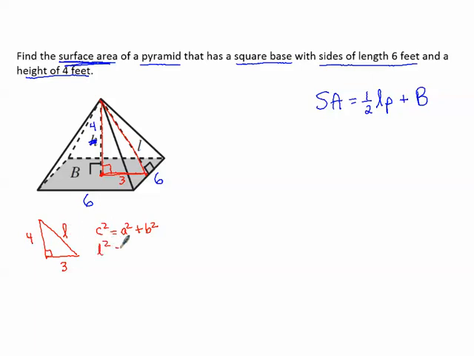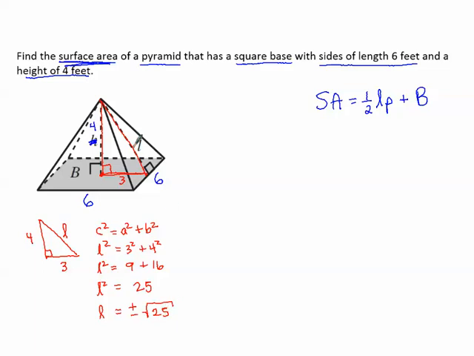So L squared equals 3 squared plus 4 squared. We're adding these, so it doesn't really matter if we say 4 squared plus 3 squared or this way. Therefore, L squared is 9 plus 16, which makes L squared equal to 25. And then when we're trying to make the squared go away, we will say that L is plus or minus the square root of 25.